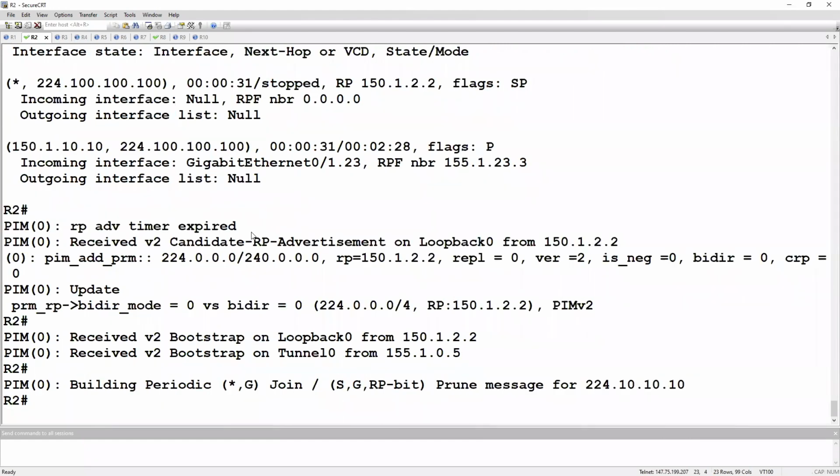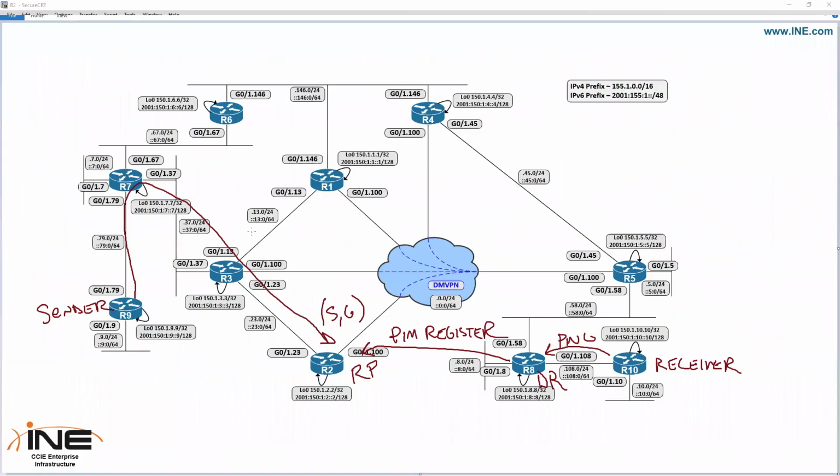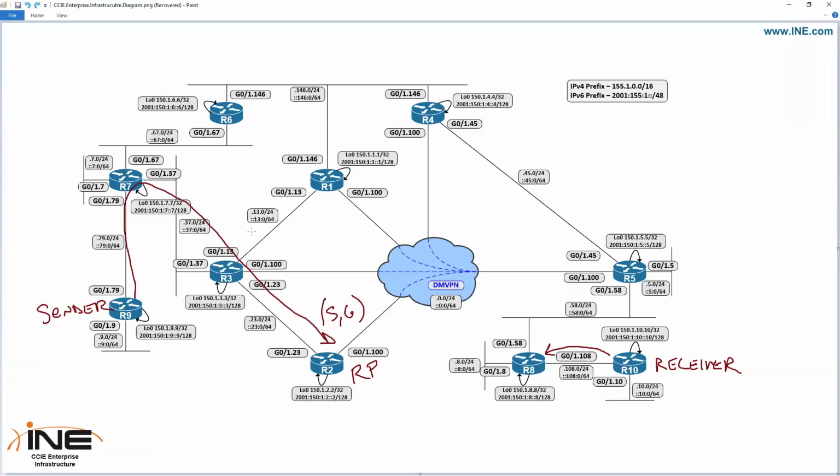Okay, so this is going to be the next step, is that we're going to signal a receiver. So we have router 10 that's going to be the receiver. And the way that it is going to do this is with an IGMP report message. Okay, an IGMP report or an IGMP join.